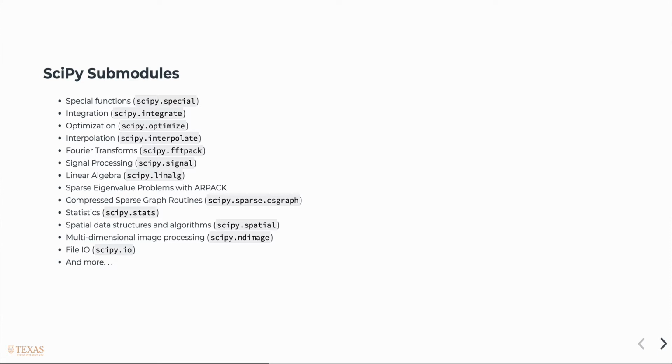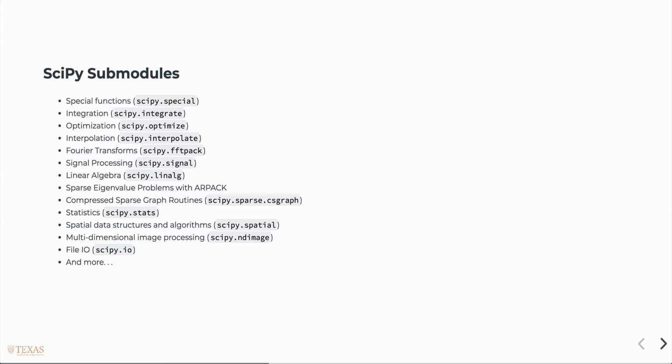Signal processing, linear algebra, this is all your both iterative and direct solvers, eigenvalue solvers. There are also sparse eigenvalue solvers, which a lot of the numerical routines here, particularly in linear algebra, are built on top of long, well-developed libraries like BLAS, Basic Linear Algebra Subprograms, and LAPACK, ARPACK for eigenvalue problems, other things like that.